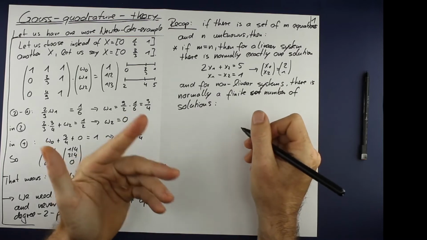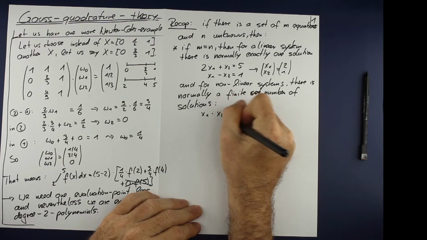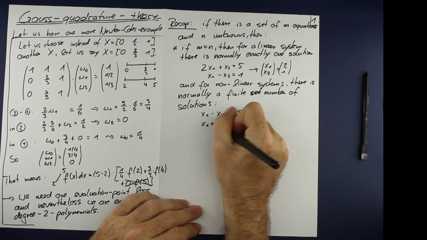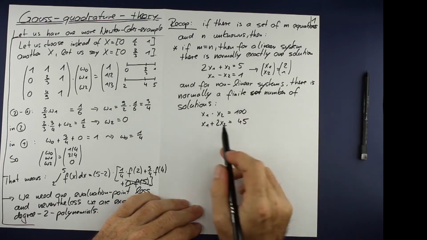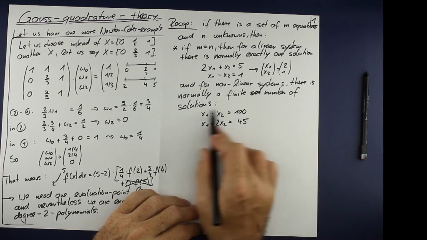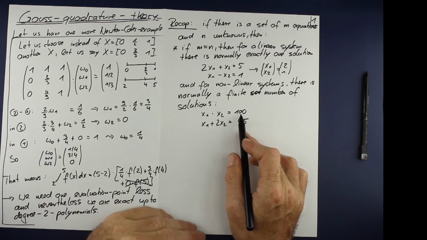Let's have an example for a non-linear system. Maybe x1 times x2 is 100, and x1 plus 2x2 is 45. This is a non-linear system. This equation is a linear one, but this one is a non-linear one. So in total, it's a non-linear system.